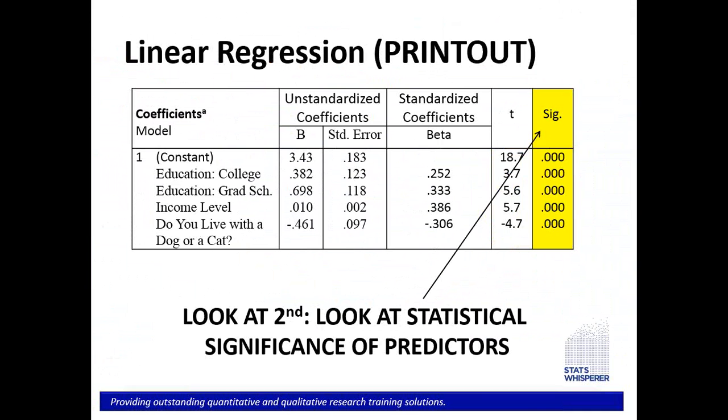Okay, next, a couple of boxes down, you will see this in the printout, right? So these are the coefficients. So these are telling us the values for the individual predictors of happiness, the dependent variable. So second, right, look at the statistical significance of the predictors, because every now and then you'll get a significant model, right?